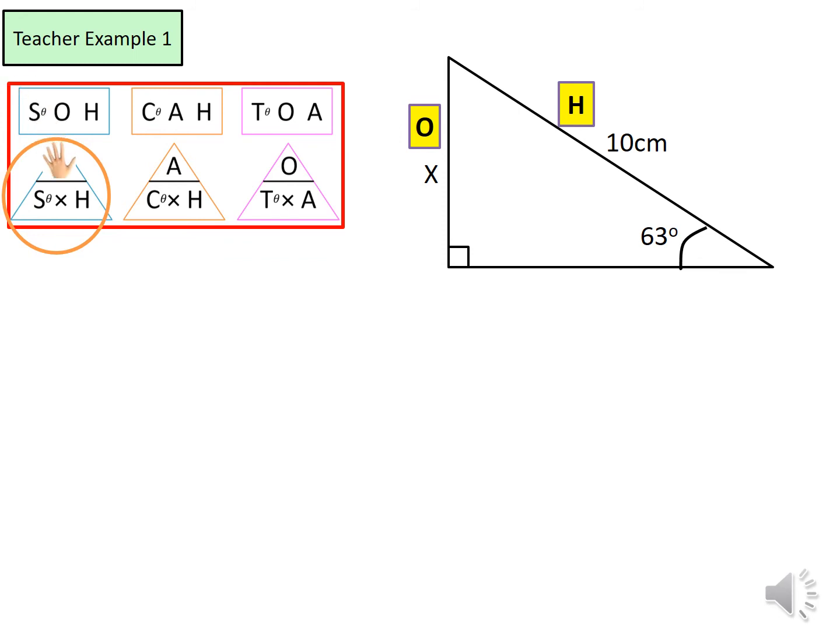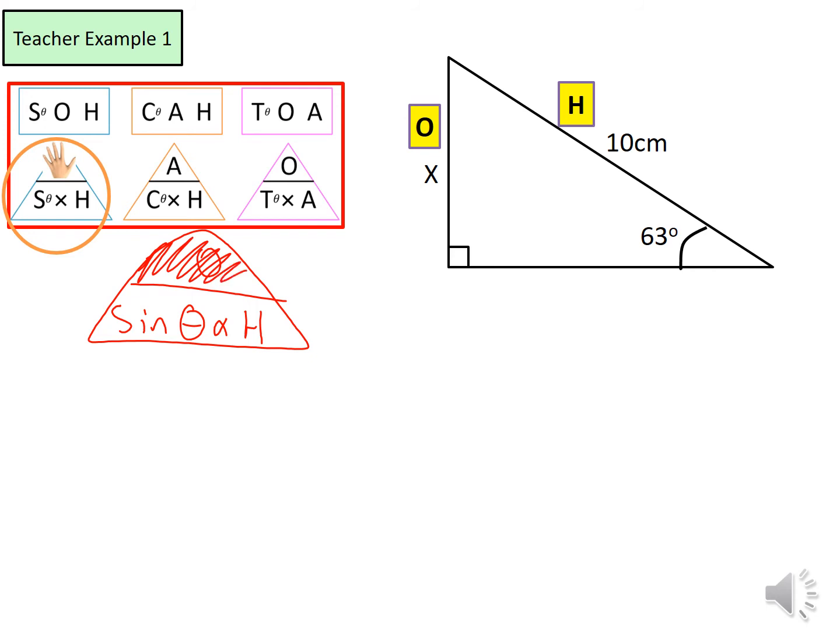Now how do we work it out? This is how we do it. Again, we have sine theta, the angle, opposite, times hypotenuse. The one we're trying to work out is the opposite length, so we cover and shade that in. We're left over with sine angle times the hypotenuse.